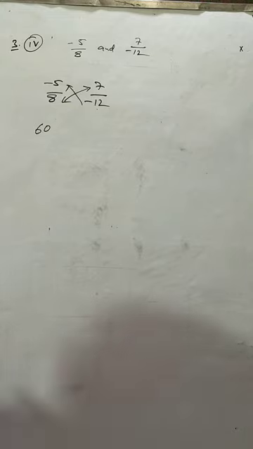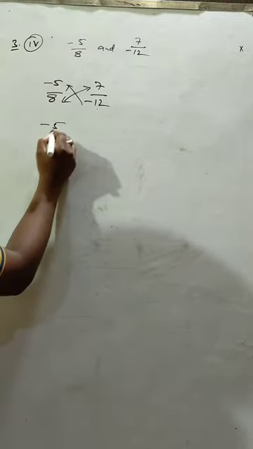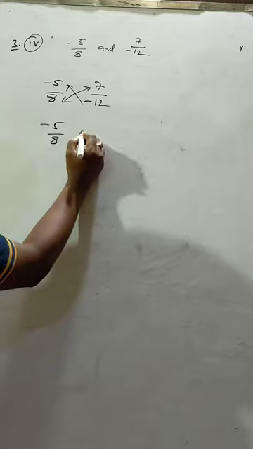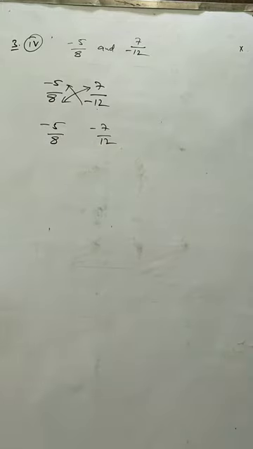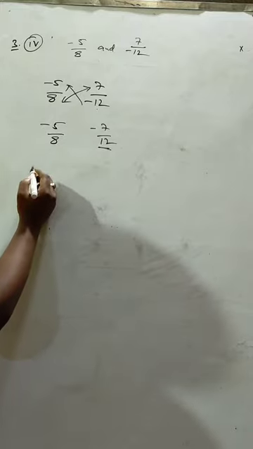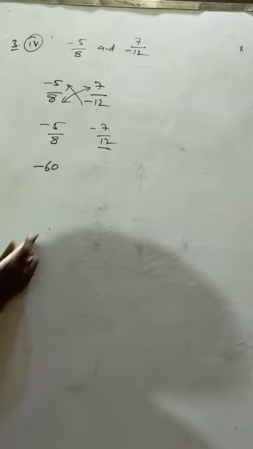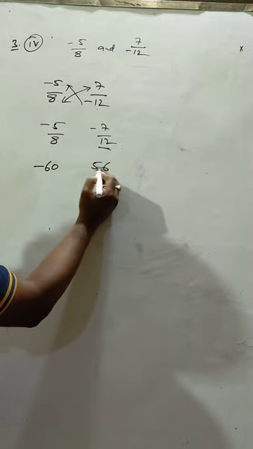Or you can write it like this: minus 5 by 8 and minus 7 by 12. Now multiply: minus 5 into 12 is minus 60, and 8 into minus 7 is minus 56.